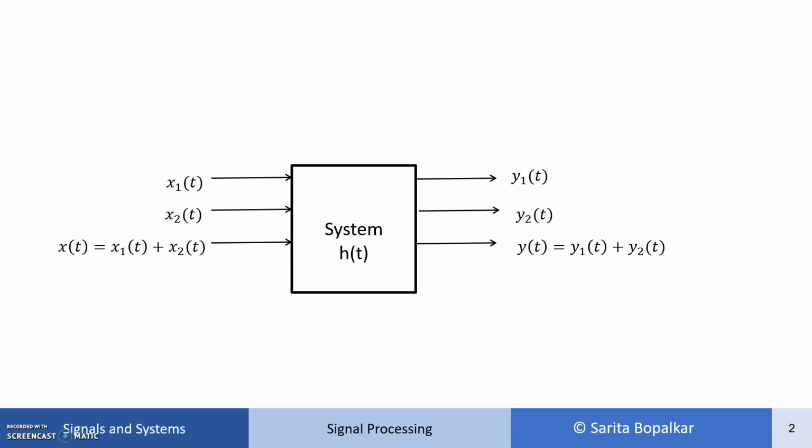If this condition is satisfied, we can say it follows the superposition principle and the system is a linear system. One more point: if the input gets scaled by some constant, suppose a, the output also gets scaled by the same constant a. This is the superposition principle.